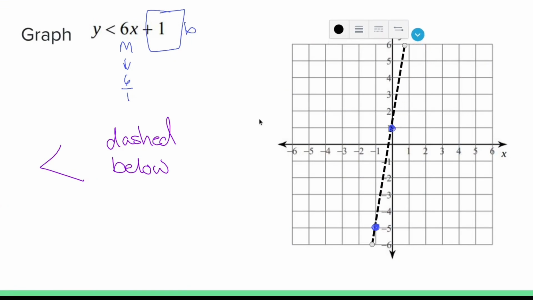So there's my line. And I'm going to shade below it, which doesn't seem like much underneath, but imagine if this was a mountain: where's above the mountain, where's below the mountain. This is the mountain. So I'm shading below the mountain.